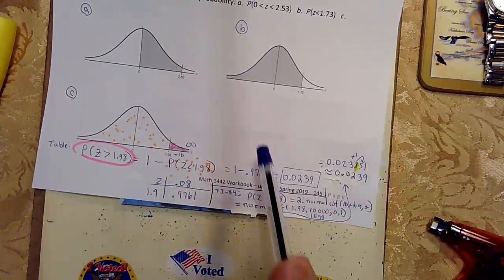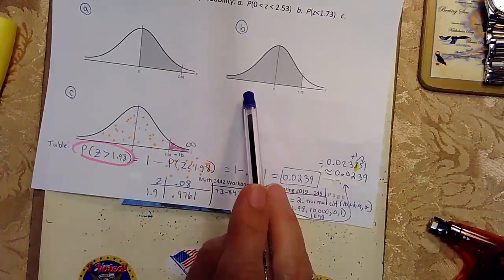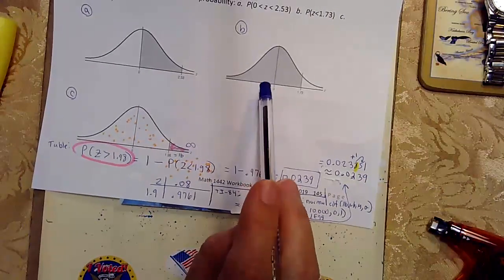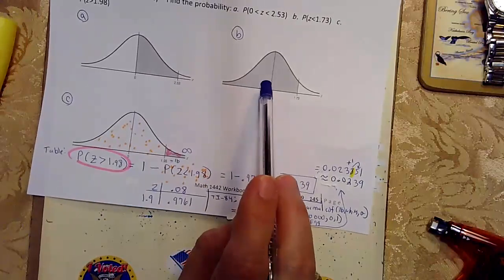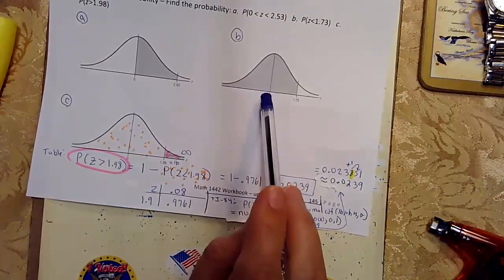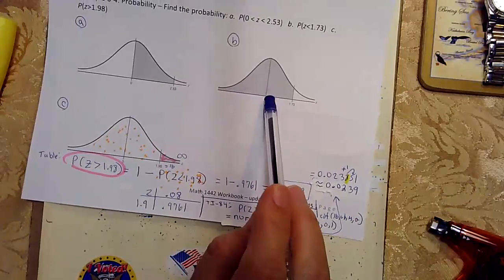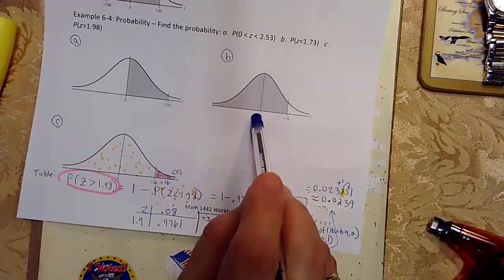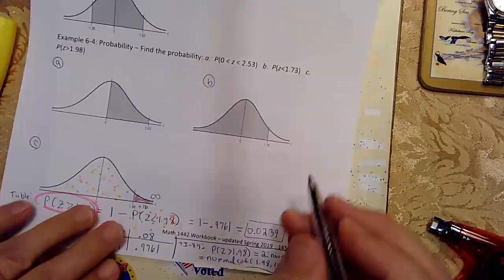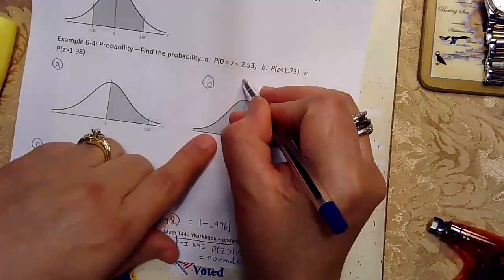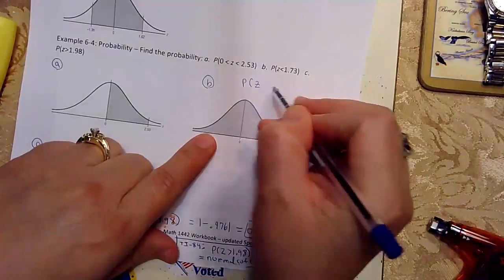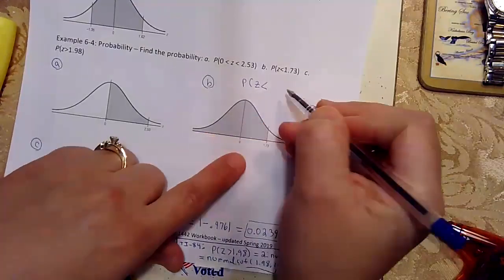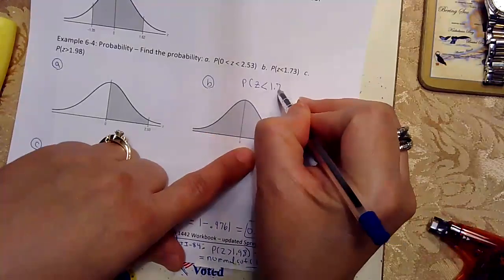And while I'm at it, I'm going to do this one. This is one of the easier ones. We already covered this. Do you recognize this? This is the first part, the first one. There's 3 types. So this is the first part. This is an easy one. This one, you have probability Z is less than 1.73.